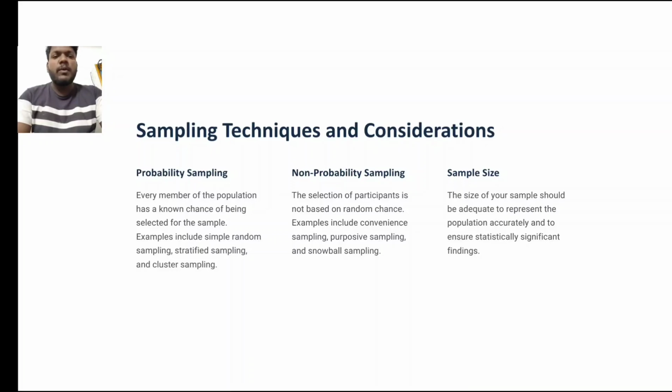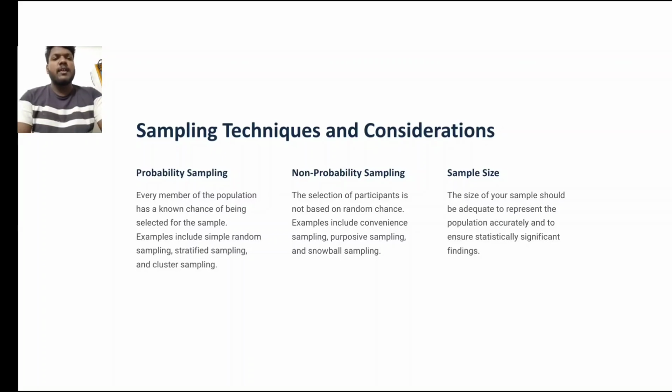Examples include simple random sampling, stratified sampling and cluster sampling. And next is non-probability sampling. The selection of the participants is not based on random chance. Examples include convenience sampling, purposive sampling and snowball sampling.